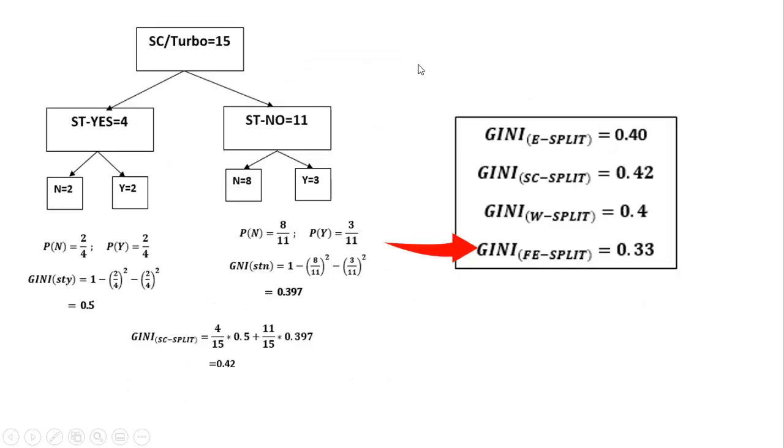Similarly, there is another attribute, turbo. When the car has turbo, what is the Gini impurity? When the car does not have turbo, 11 times, what is its Gini value? Since it has two values, again we use the weighted average method to find the overall Gini impurity measure. So we got 0.42.